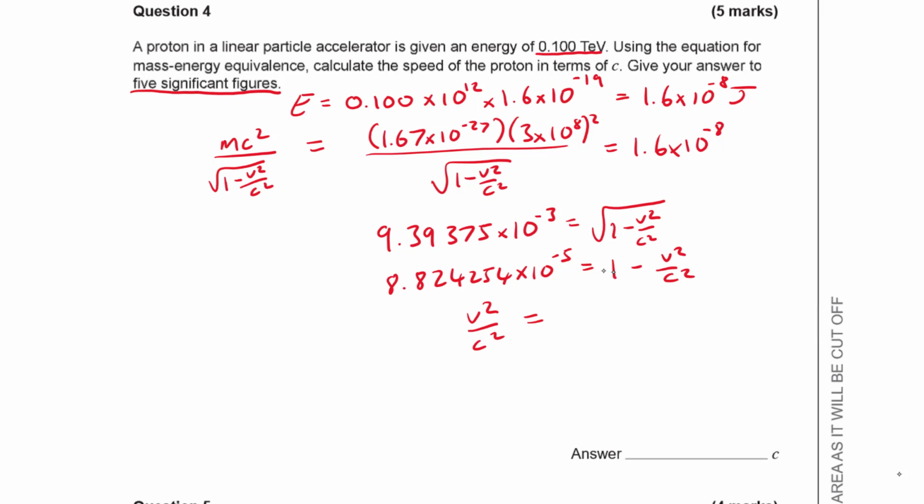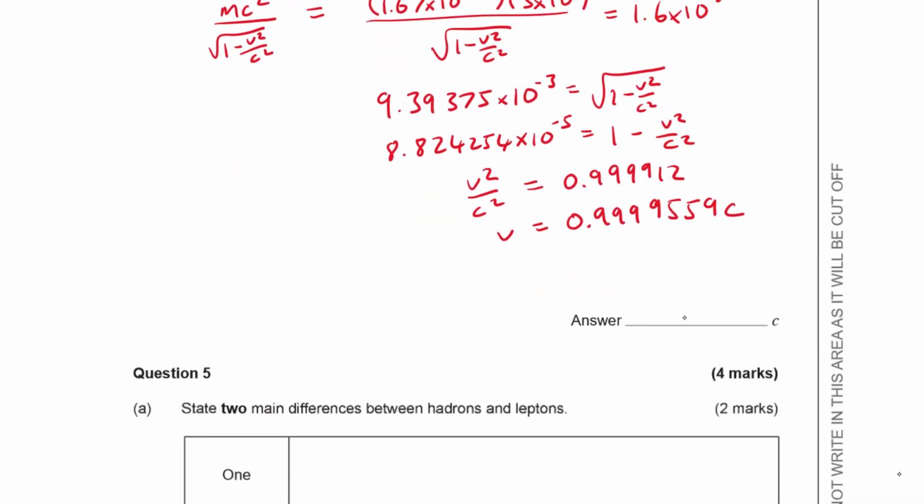And that means I'm going to have 1 take this number here, and you end up getting 0.999912. And v by itself ends up being, if I square root both sides, 0.9999559 c. So your answer that you'd put down to 5 significant figures is 0.99996 c.